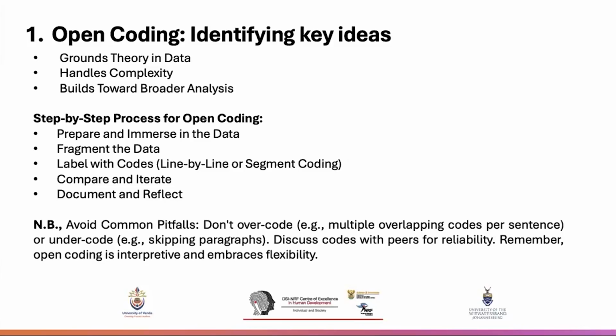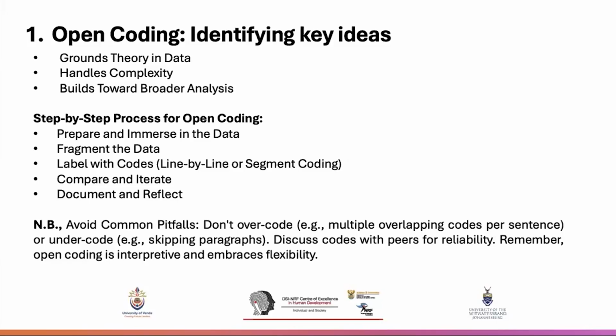The final step is documenting and reflecting. You need to say, okay, now you've got all these different codes. What do they mean? You do this by writing down their meaning and what they are showing you as a researcher.